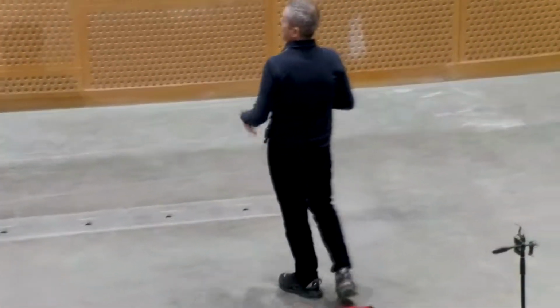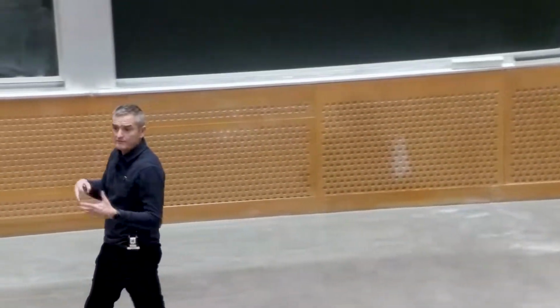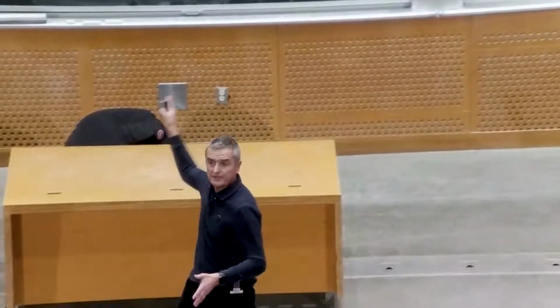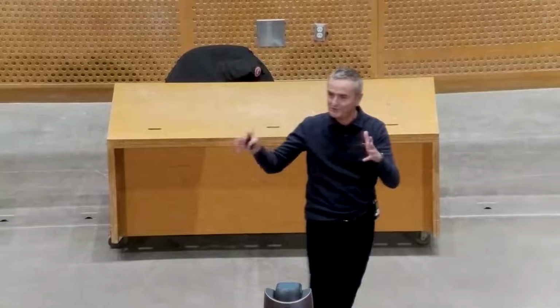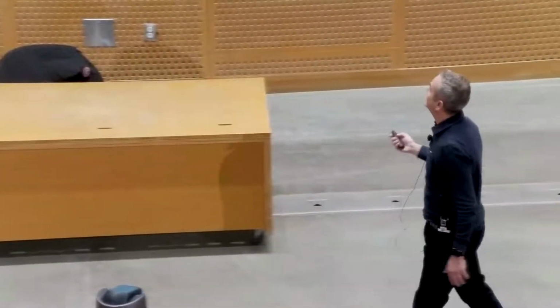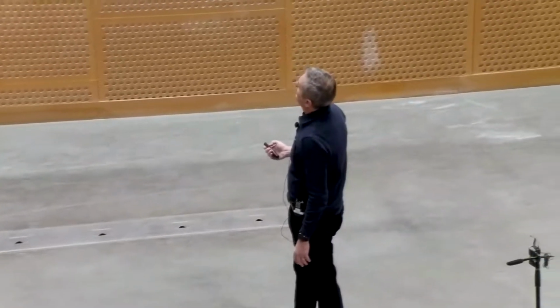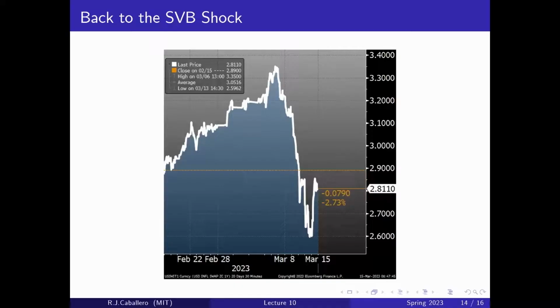So let me show you next a bunch of charts that show you that someone in the market understands these mechanics. Okay? A lot of people, because the prices are moving exactly that way. So this is the 1 year ahead inflation expectation as traded in the market.